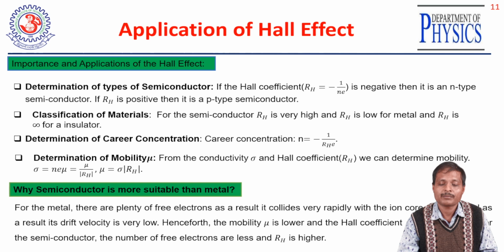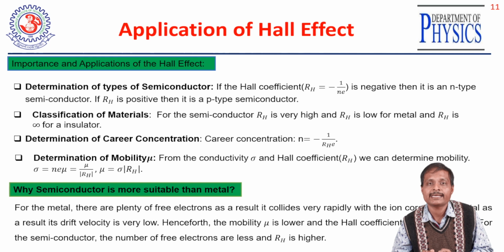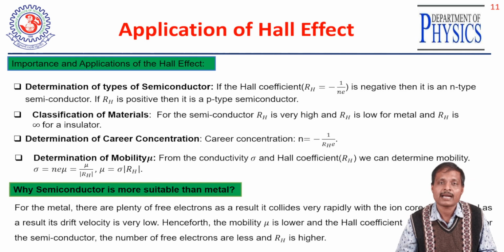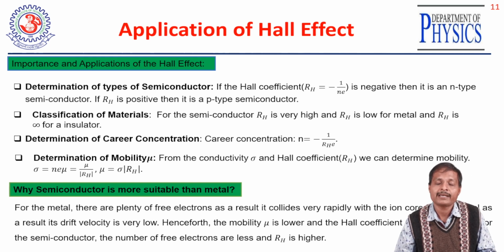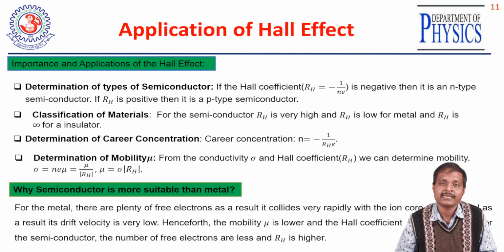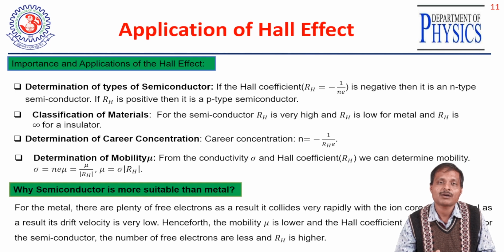From the conductivity sigma and the Hall coefficient RH, you can calculate mobility like this. You know J, the current density, is equal to n e mu. n is the charge density, e is the amount of charge, and mu is the mobility here. So n e is nothing but 1 by RH. So mu by RH will give you sigma. So mu equal to sigma cross RH.